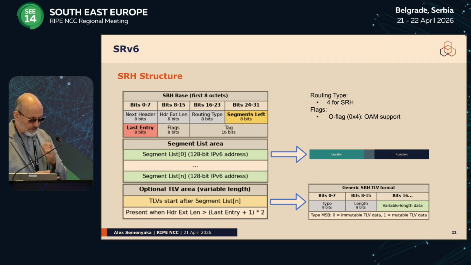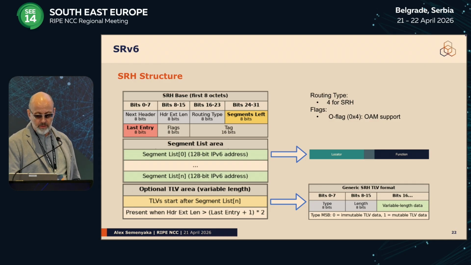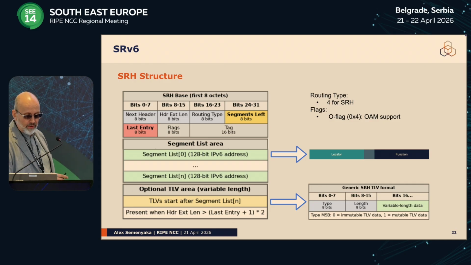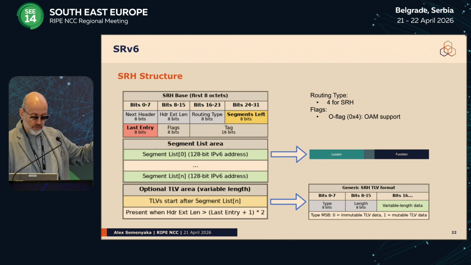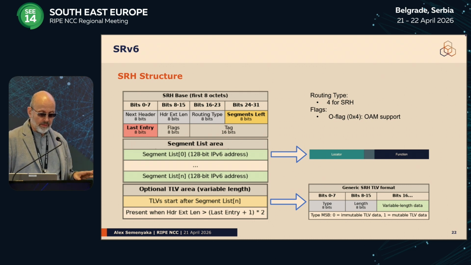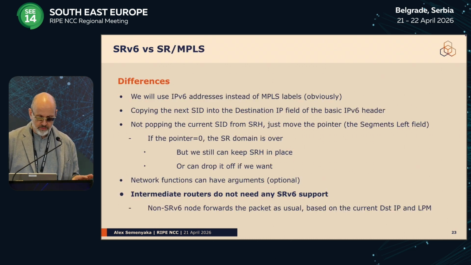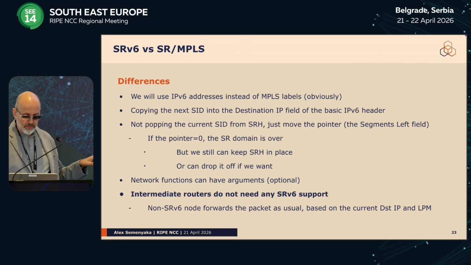Looks like I don't have the laser pointer here. So this yellow guy on the top right, segments left, we are just changing this on this hop, and nothing else is changed. It's simple and cheap.